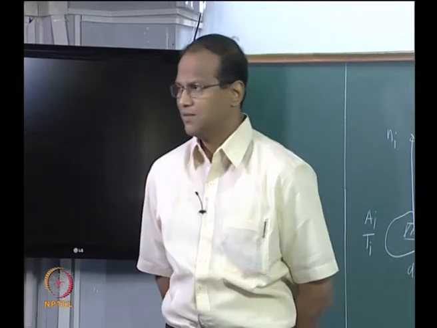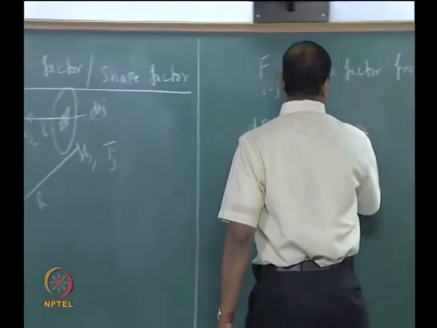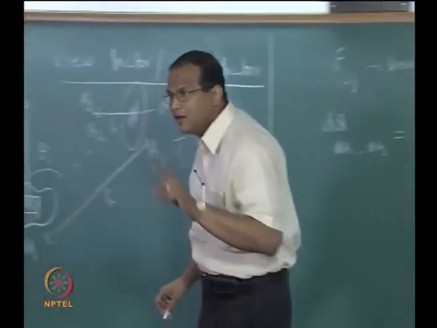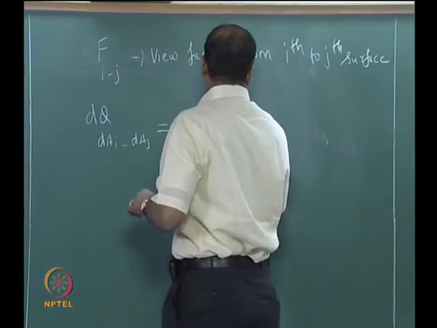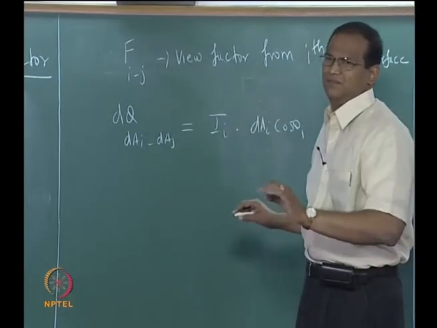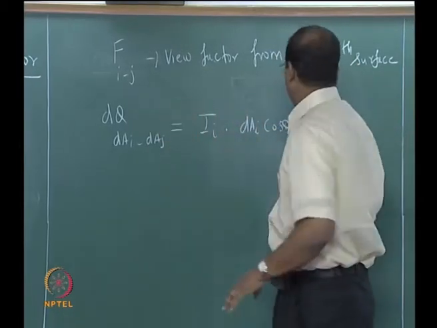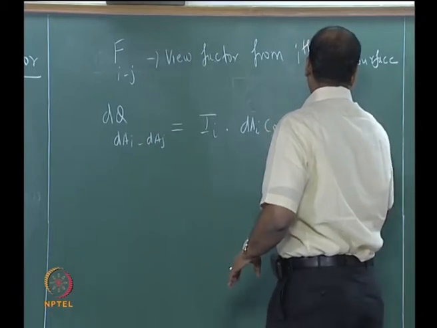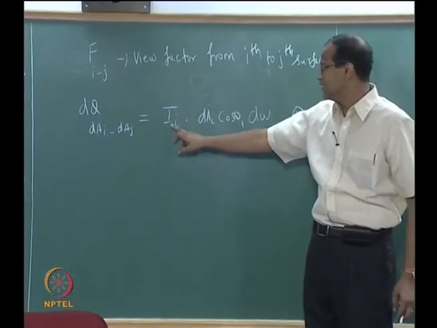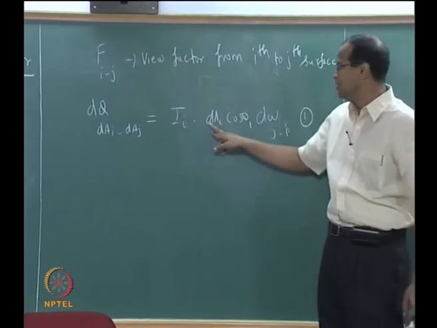First we start with Ii, multiplied by dAi cos theta i, multiplied by d omega ji. Intensity is in watts per meter square per steradian, multiplied by dAi.